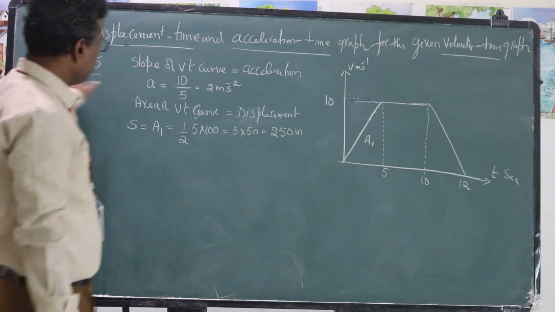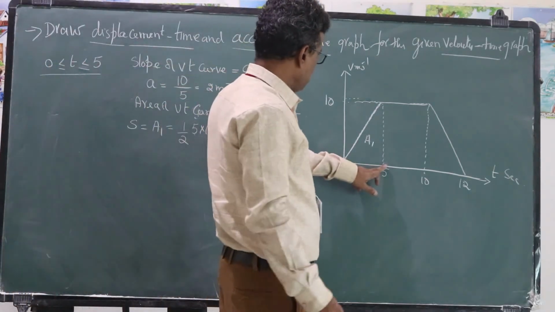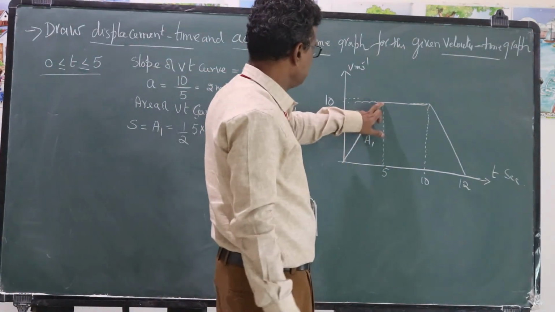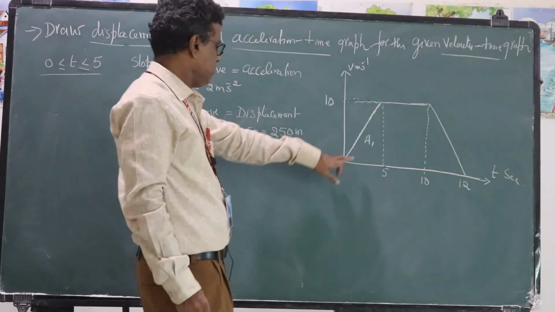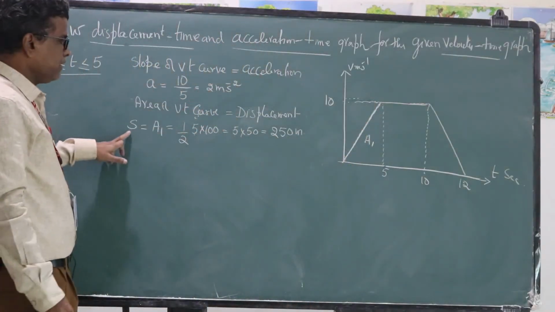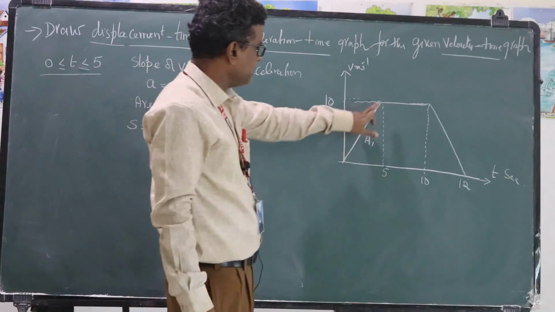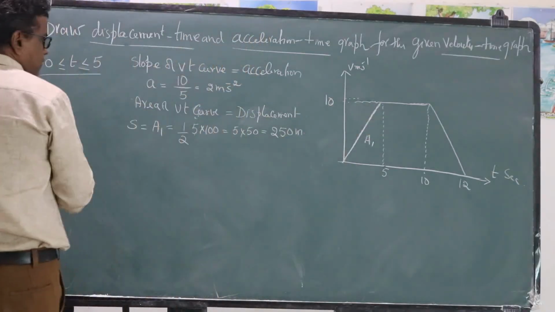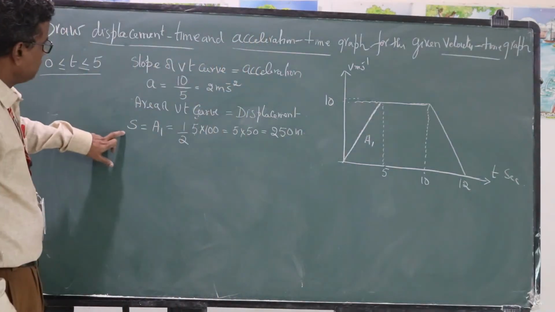So during the 5 seconds, the body accelerates with uniform acceleration 2, and it travels a distance of 250 meters.